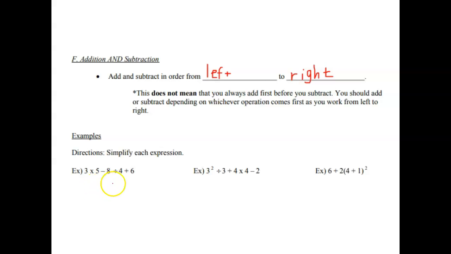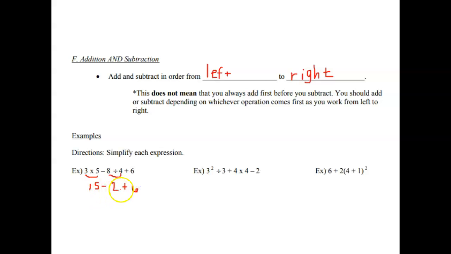So let's look at the examples below. First, I'm going to handle the multiplication and the division, and I just work from left to right. So I'm going to multiply 3 times 5, which is 15, and then I'm going to have a minus 8 divided by 4, which is just 2, plus 6.